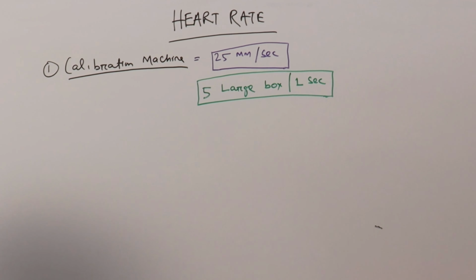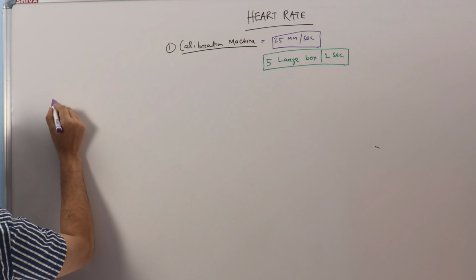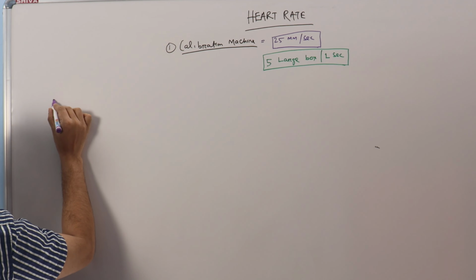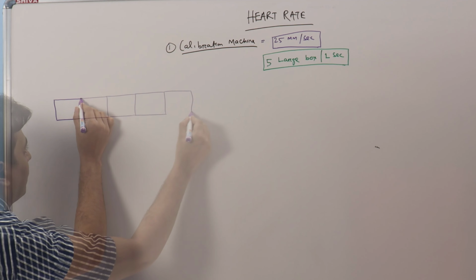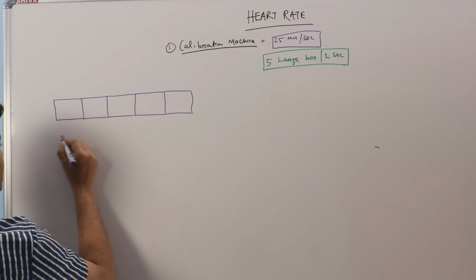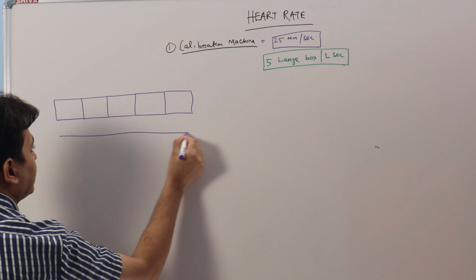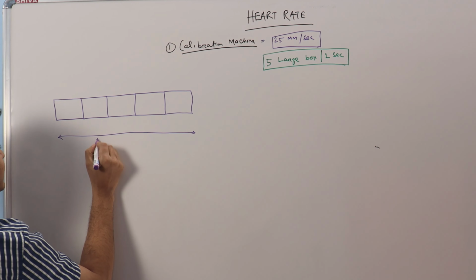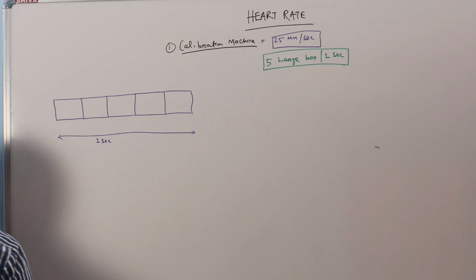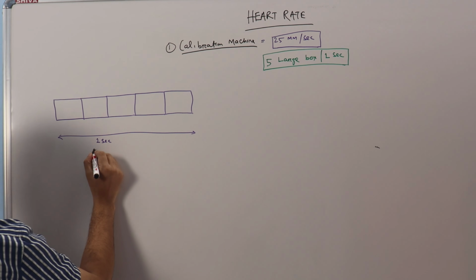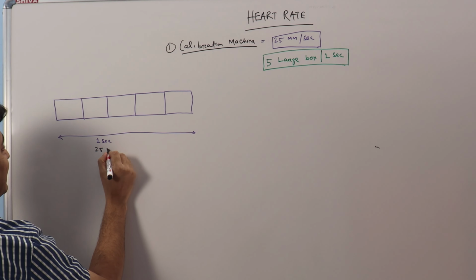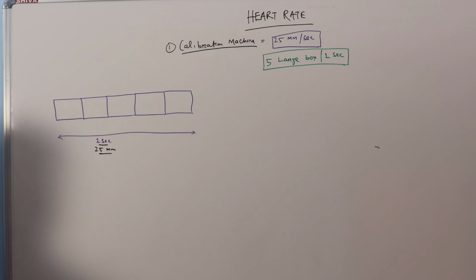So these are the 5 large boxes in the ECG. We will magnify them. So this duration is 1 second. In millimeter it is 25 millimeter per second, right?